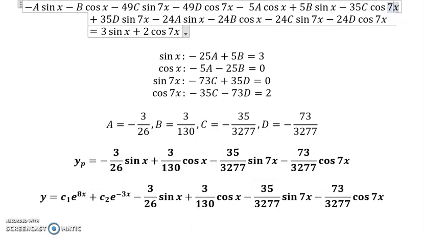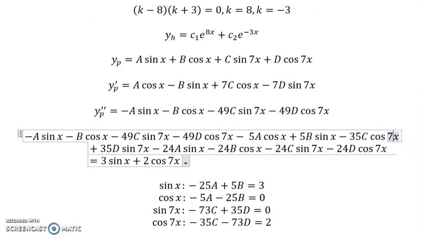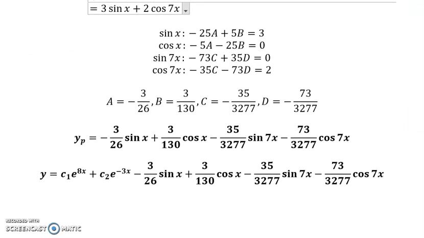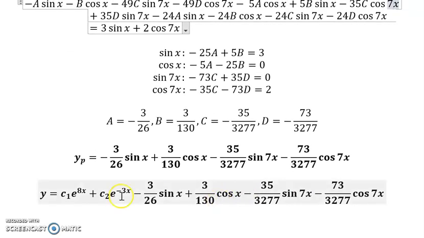And finally, we can plug them together with the homogeneous portion to get the general solution. And again, you can verify that this is going to work in the original differential equation by plugging it into your original function. That's quite a lot of algebra, but you should be able to verify that the solution works.